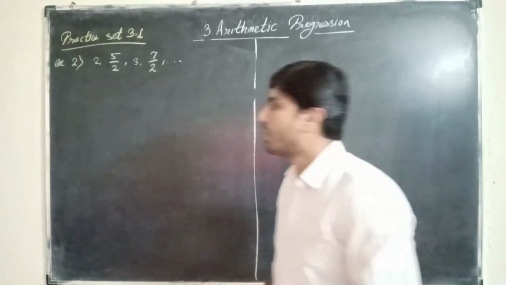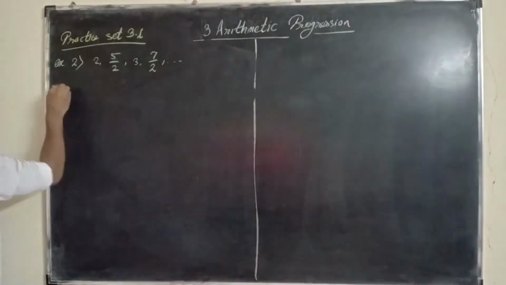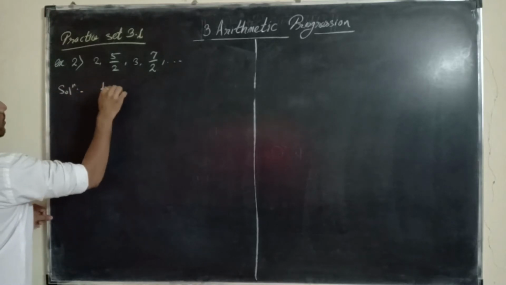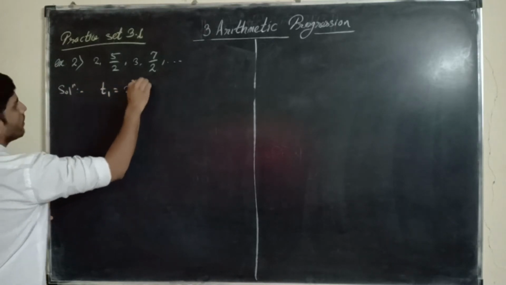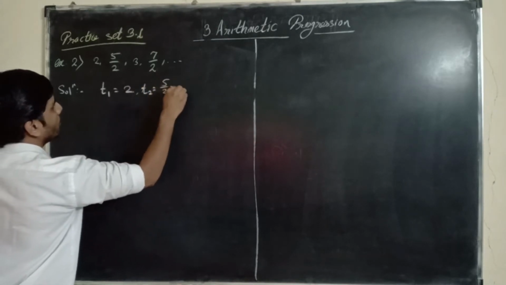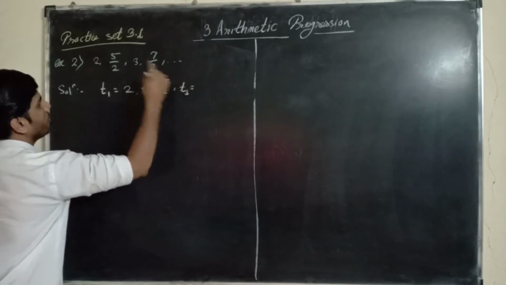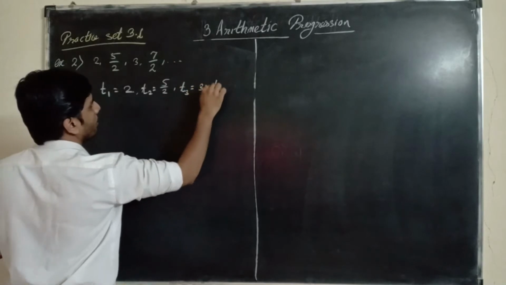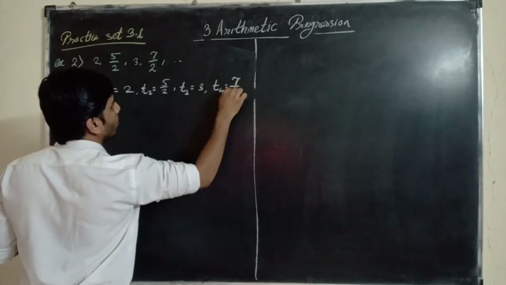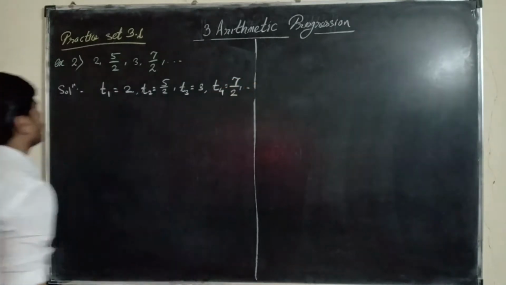Now in the second example, again the first term T1 is 2, the second term T2 is 5 by 2, the third term T3 is 3, and the fourth term is 7 upon 2, and so on.